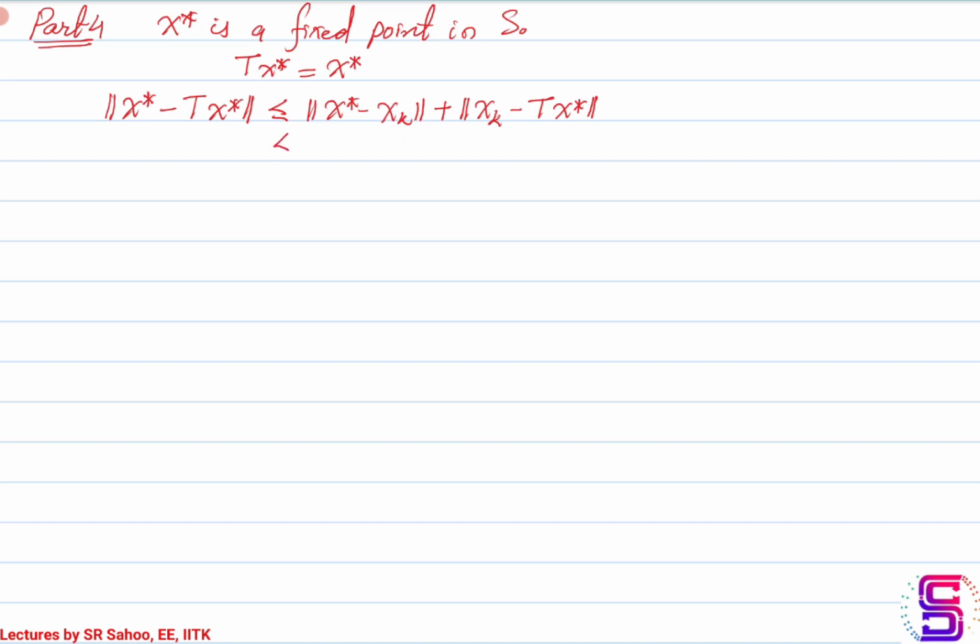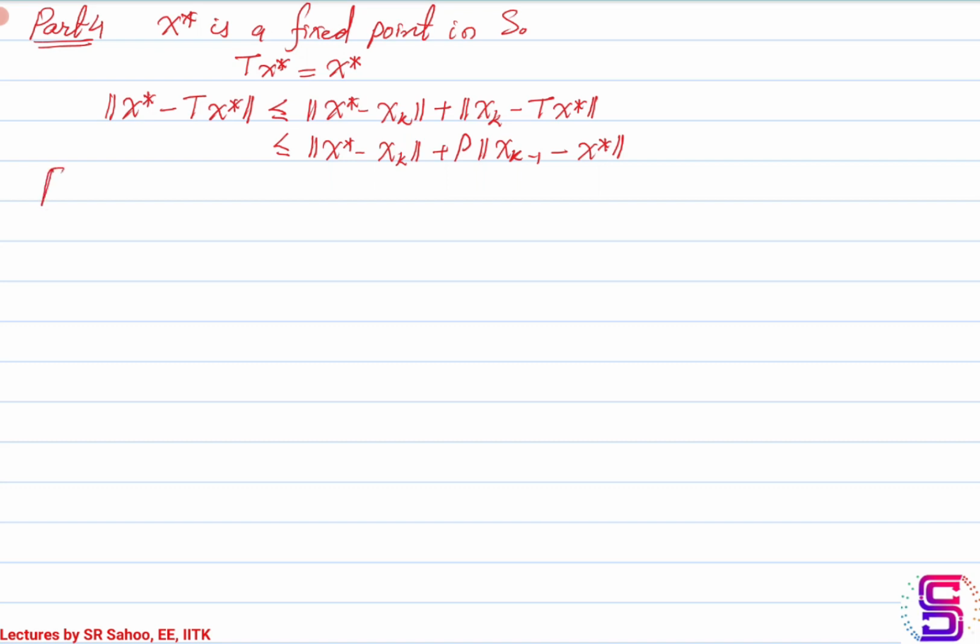And this is further going to be less than or equal to norm of x star minus xk plus rho times norm of xk minus 1 minus x star, because xk is nothing but T of xk minus 1.